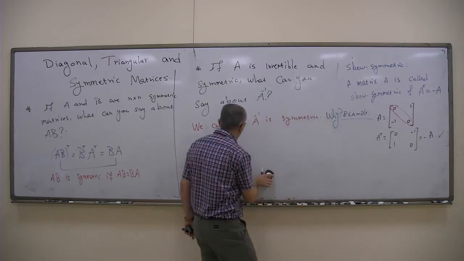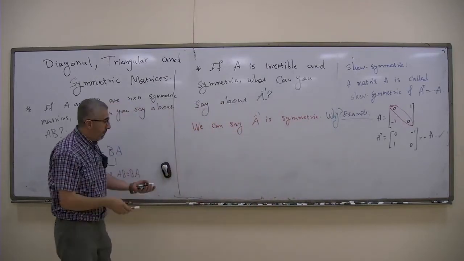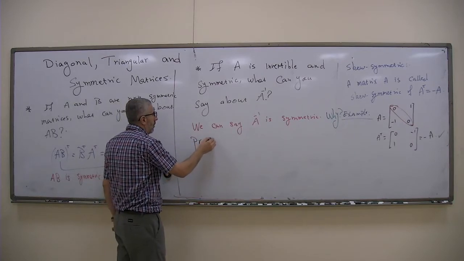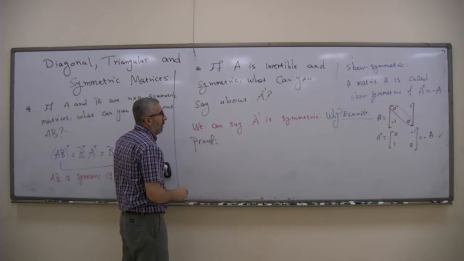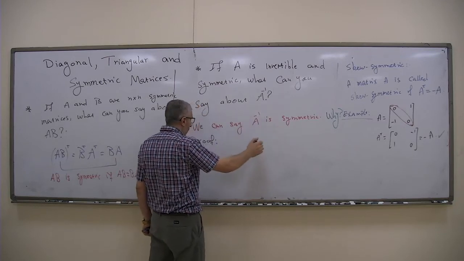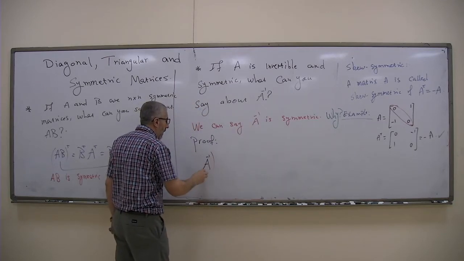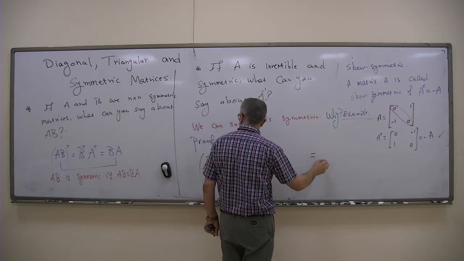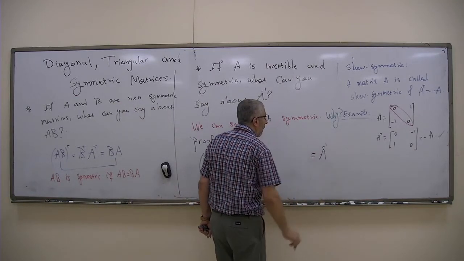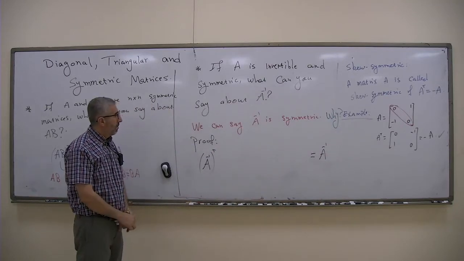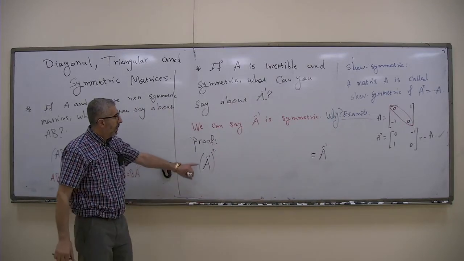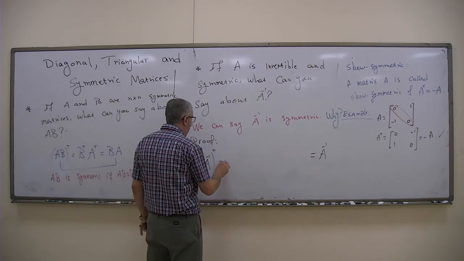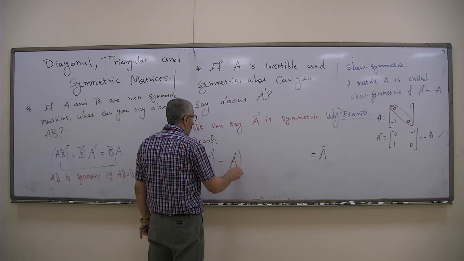Again, the question here looks fancy, but it's very simple. Here's the proof. I want to show that A inverse is symmetric. What does that mean? It means if I take A inverse and I take the transpose, I should at the end get A inverse. Well, using the properties that we discussed before, this is going to be A transpose, inverse.